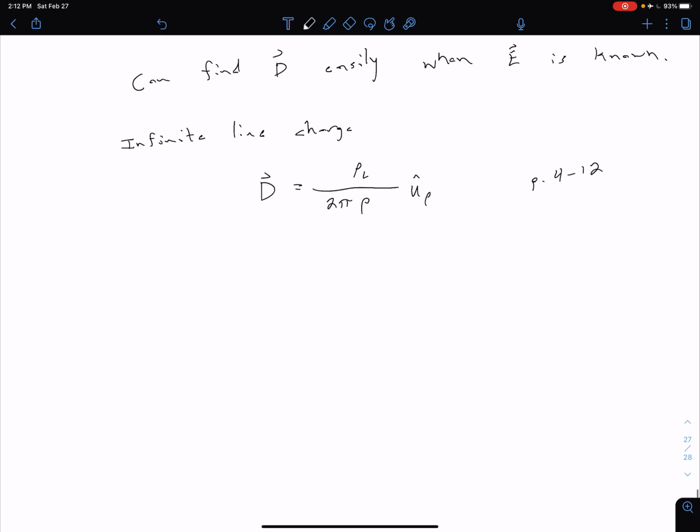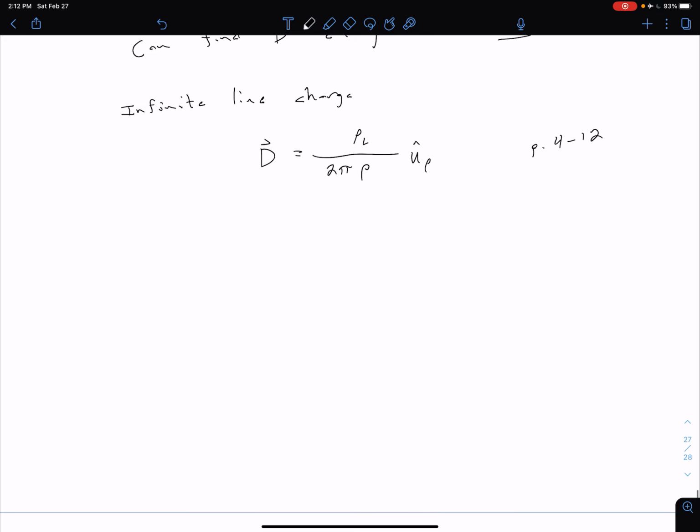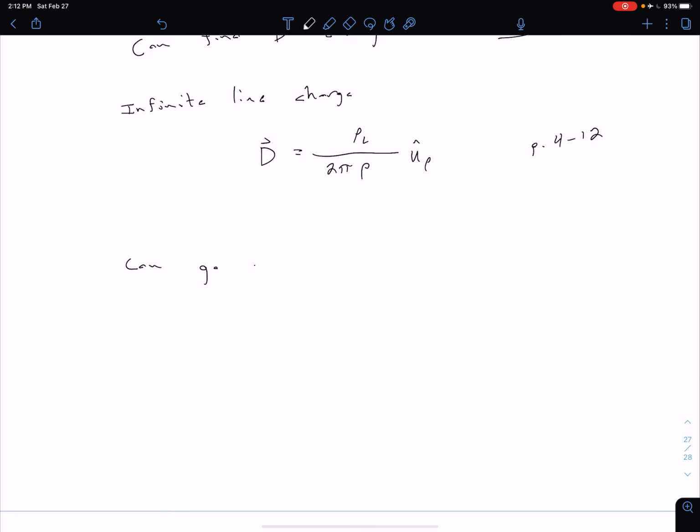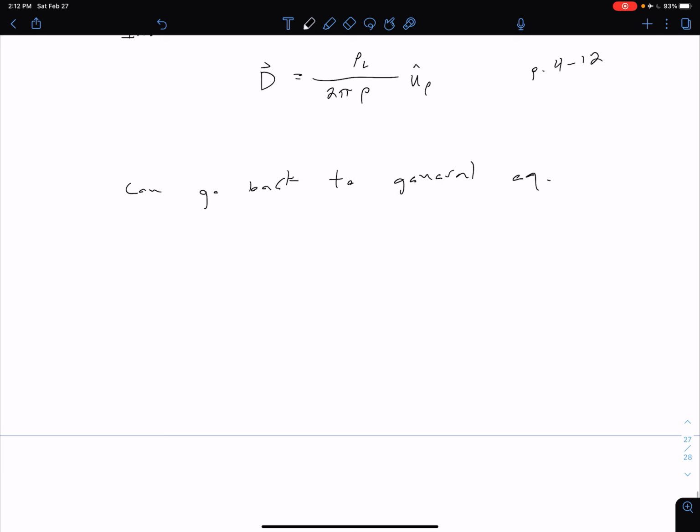So we don't necessarily have to already have our E field equation. We can also go back to our general equations. Remember, we had a general equation for line charge, for surface charge, and for volume charge. So for example, let's say we wanted to know our electric flux density due to some volume charge.